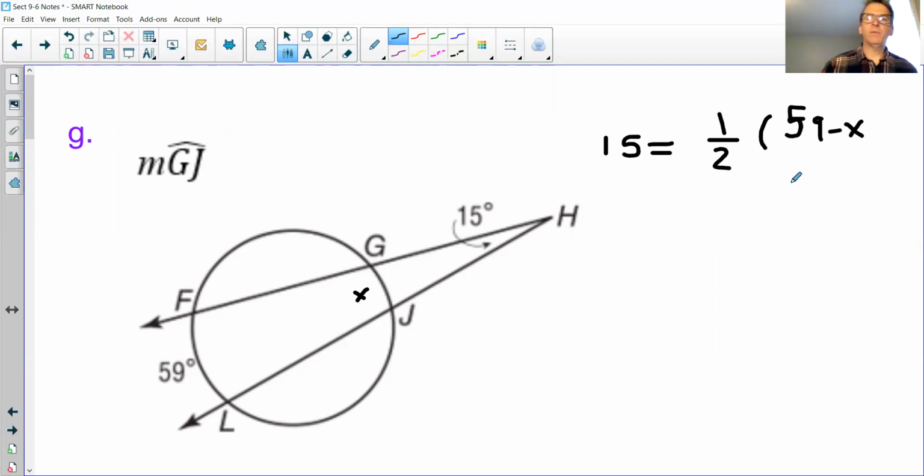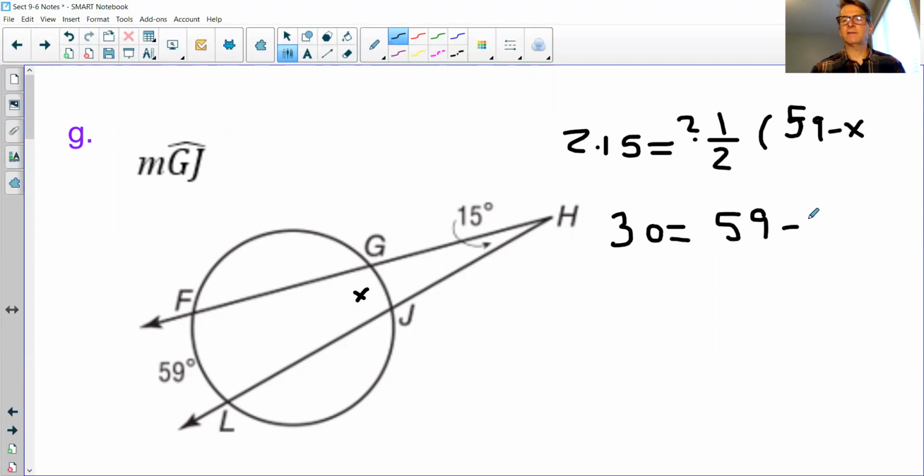All right, so then we're going to multiply by 2 on both sides because we have that 1/2 there. And we'll end up with 30 is equal to 59 minus X. So we're going to subtract 59 from both sides.